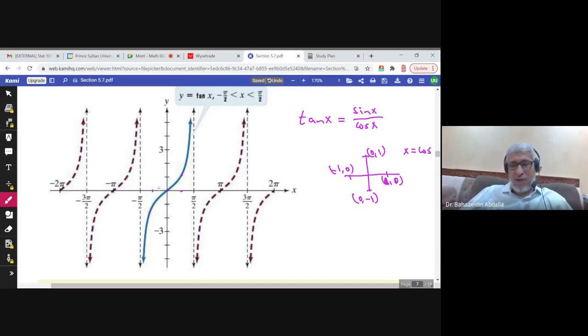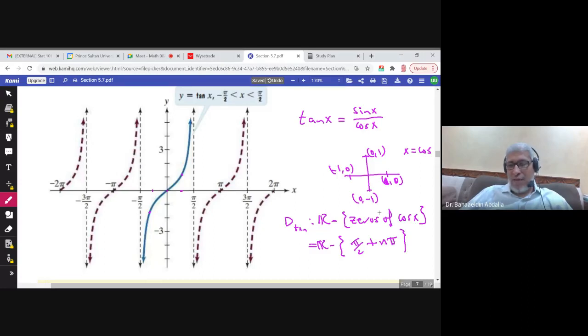If you look at the graph of tan, the domain of tan is all real numbers except the zeros of cosine x. Okay, and cosine x would be 0 at pi over 2 plus n pi.